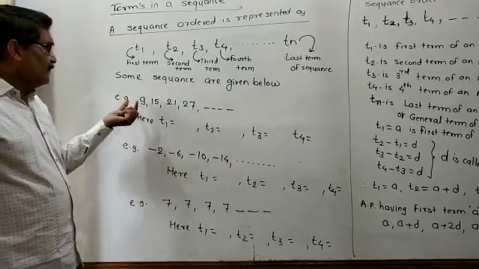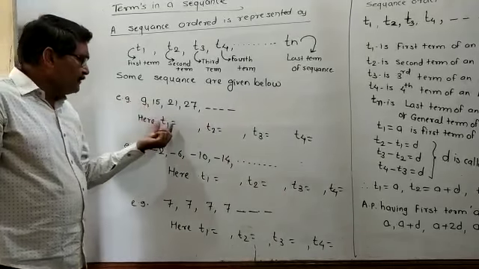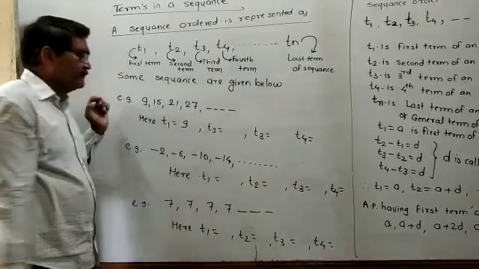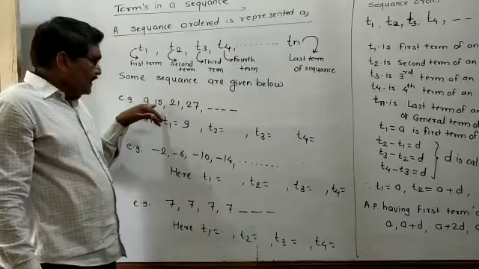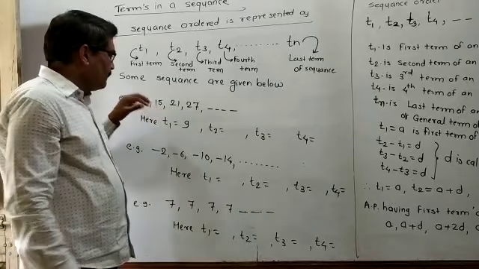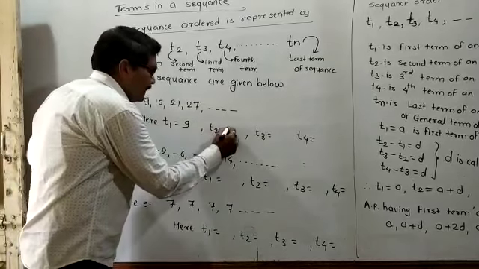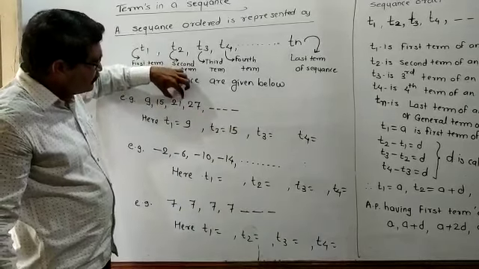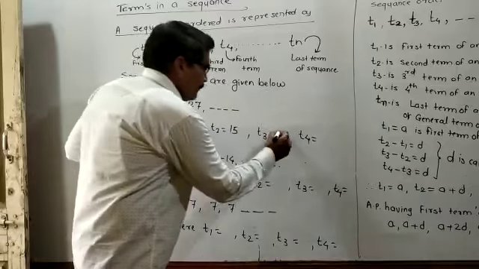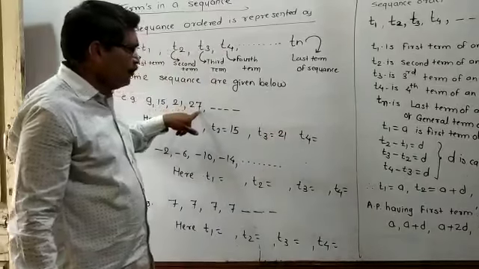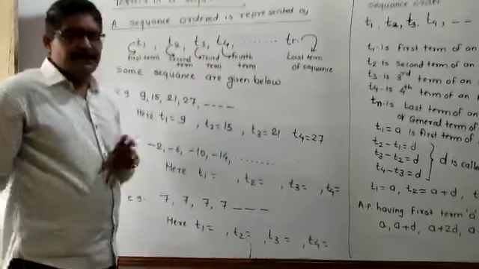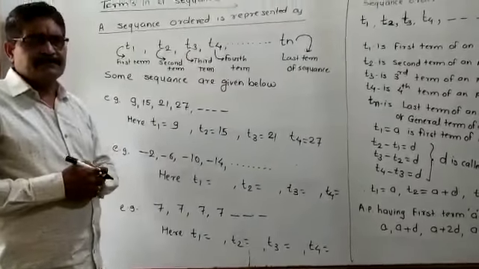The first term, T1, is 9. The second term is 15. The third term, T3, is 21. The fourth term is 27. The last term is not given, so don't write the last term.